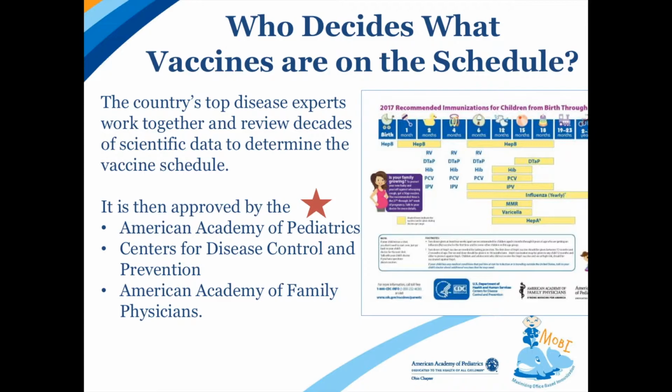Another question that we get is, who decides on the vaccine schedule? There's actually a reason why kids get them not only at a young age, but in the schedule that they do.